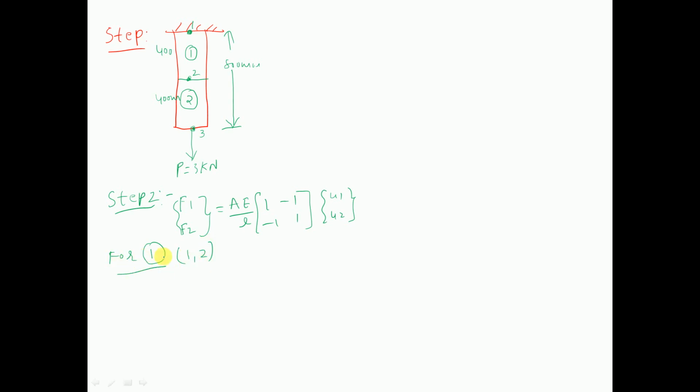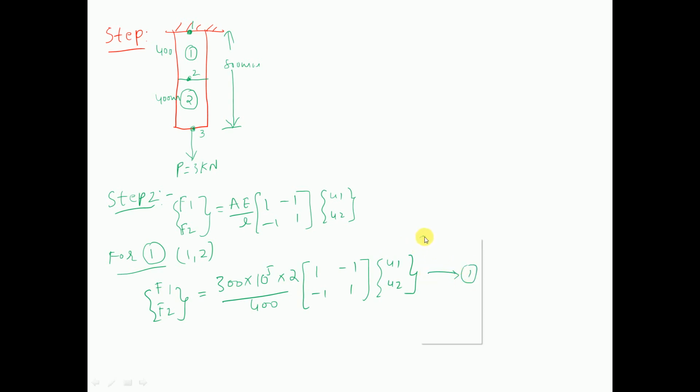The finite element equation looks like this: f1 f2 is equal to, what is A, 300 mm square, and E is 2 into 10 power 5, by L, what is L, L is 400, into [1 -1; -1 1] into U1 U2. This is nothing but equation number 1.